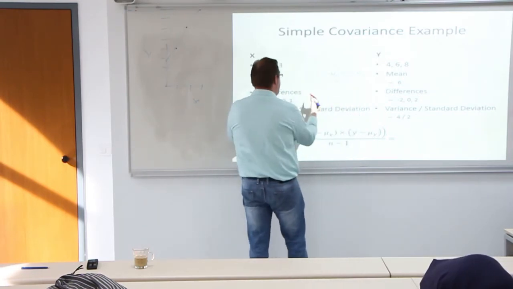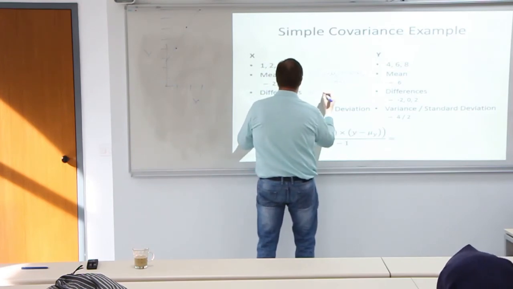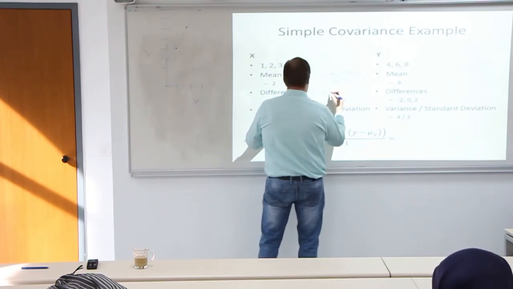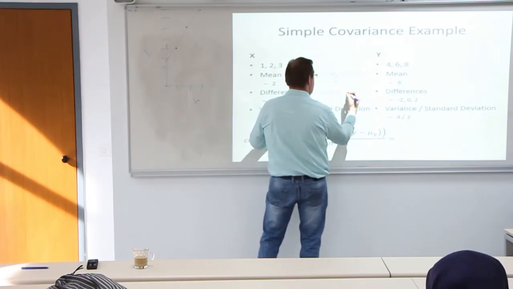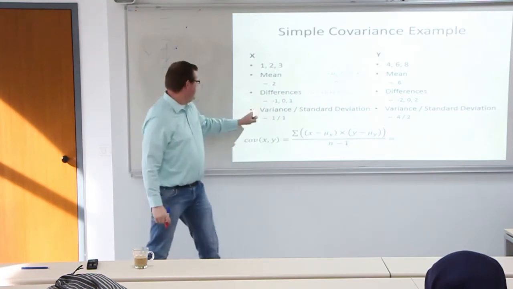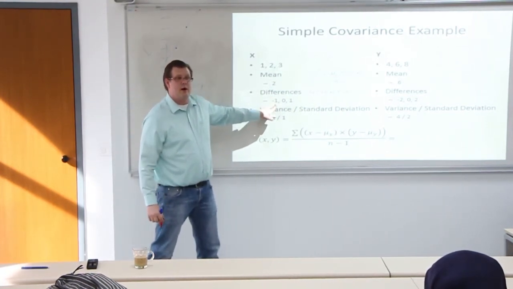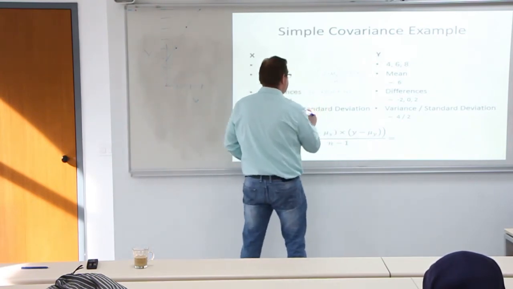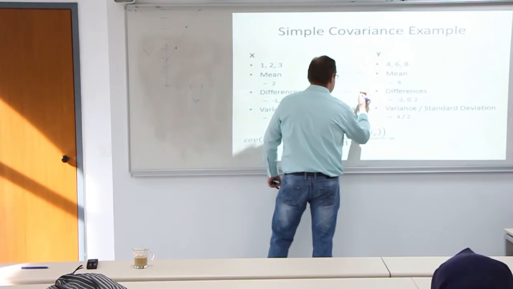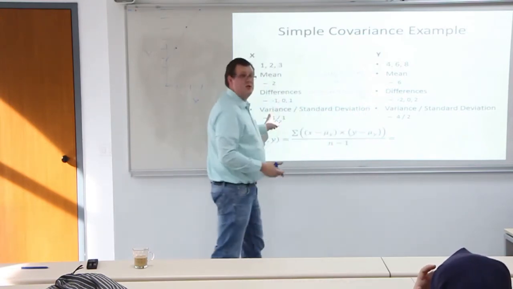So what we really had here was -1 times -1 plus 0 times 0 plus 1 times 1. So we just did this: 1, 0, 1. Sum those up, divide by n minus 1, and we got the answer that we did.